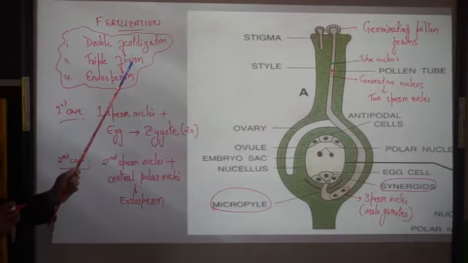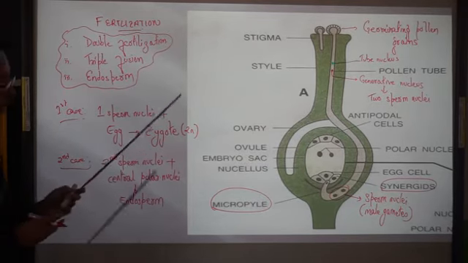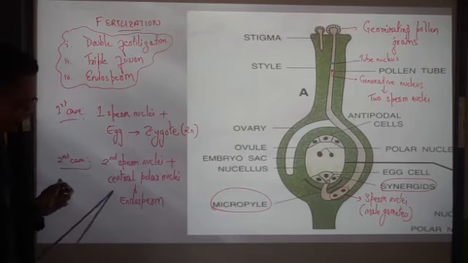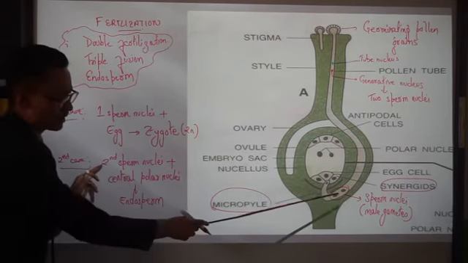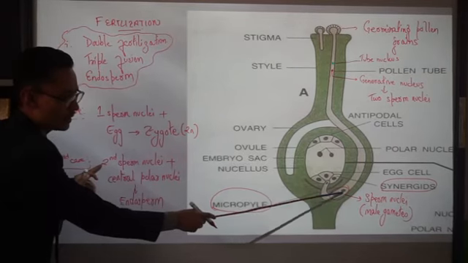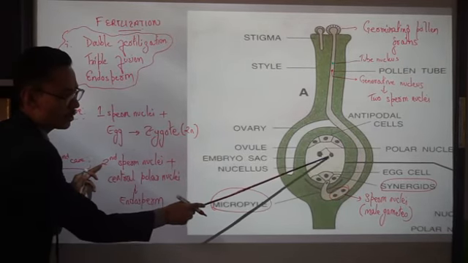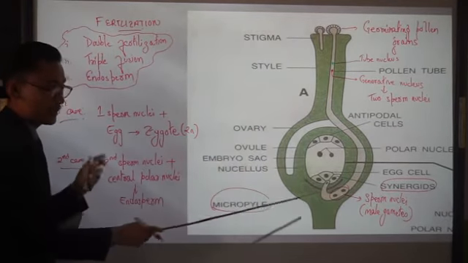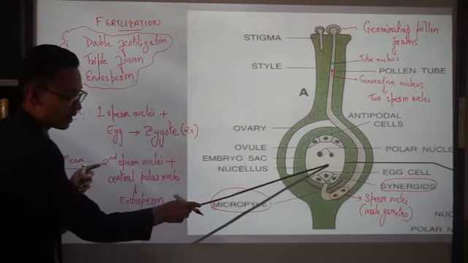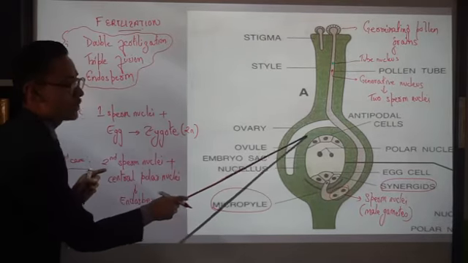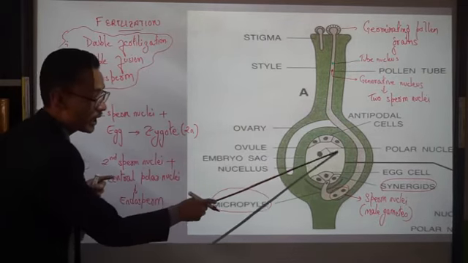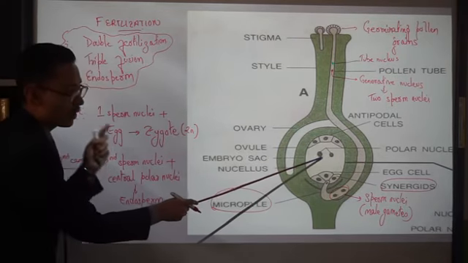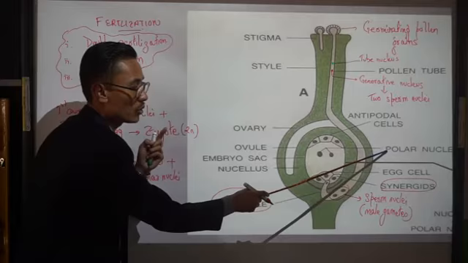Now what is triple fusion? Triple fusion means, just look over here. In the central polar cells, when there was formation of endosperm, one sperm nucleus was fusing with the two central polar nuclei. We have already specified that inside the embryo sac there are 7 cells: 3 at the micropylar end, 3 at the chalazal end, and 2 nuclei at the center. But these 2 nuclei will be fused and form a single central polar nuclei cell.